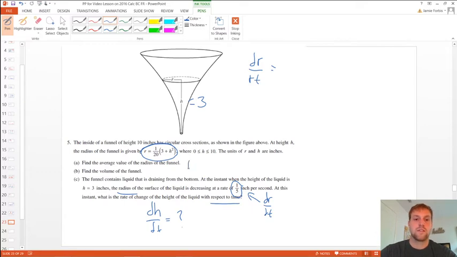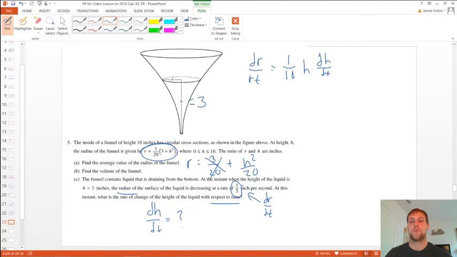If I take that derivative, I'm going to rewrite this as r equals 3 over 20 plus h squared over 20. I just went ahead and distributed the 1/20. It makes taking the derivative easier because the derivative of 3 over 20 goes away. And the derivative of h squared over 20 is going to be 1/10 h dh over dt using the power rule.